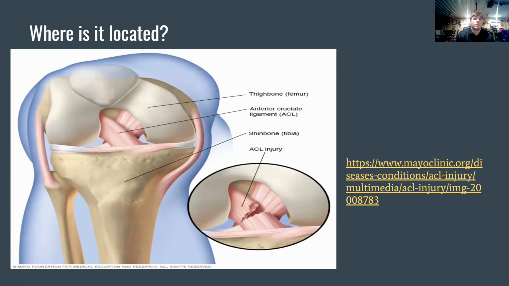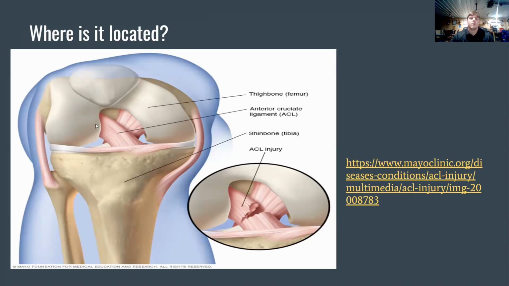So the next thing is where the ACL is located. As you can tell, right here is your whole knee, and this is the front part of your knee. But right here is the ACL.